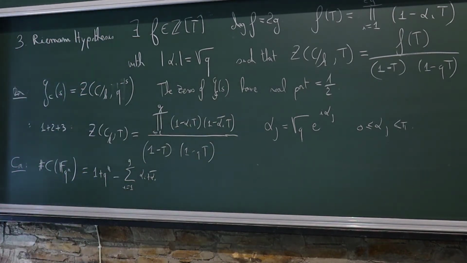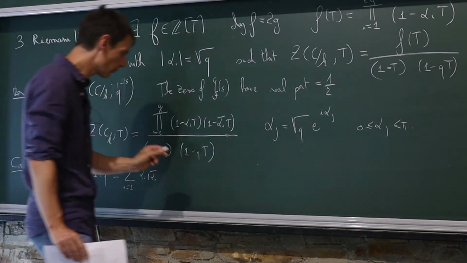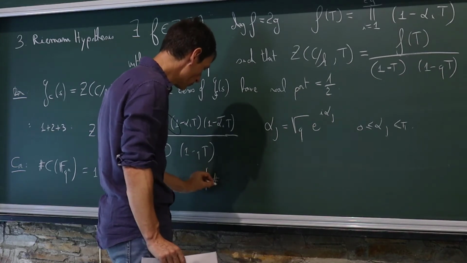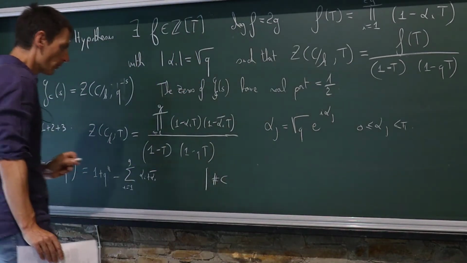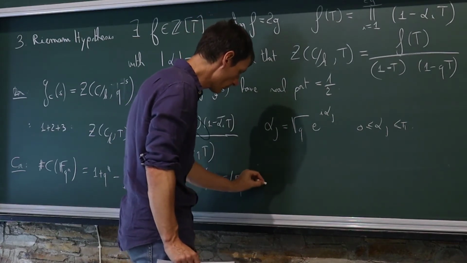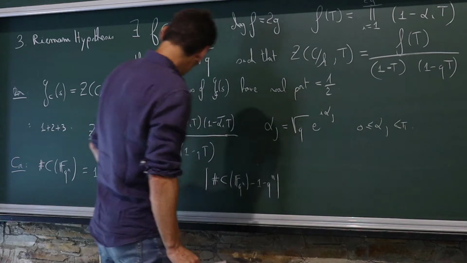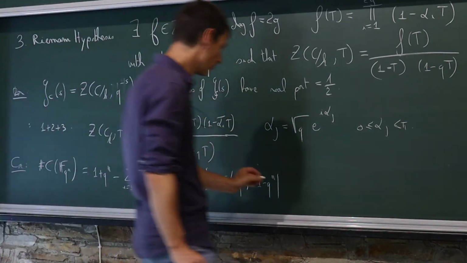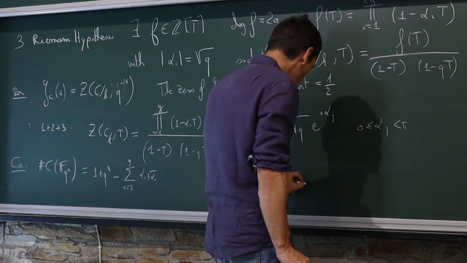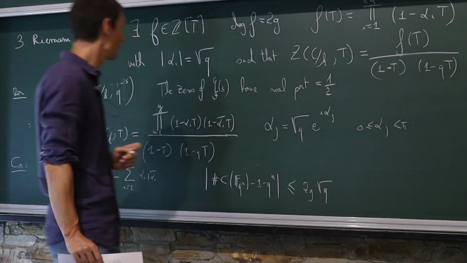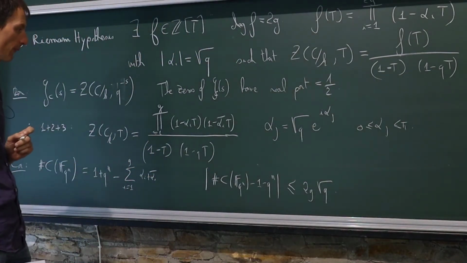Okay? So very nice formula, and as a consequence also we have that if I take the number of points of every extension F_q^n minus 1 minus q^n. So this is this sum here, and I can, of course, bound it by 2g times square root of q because of the Riemann hypothesis.